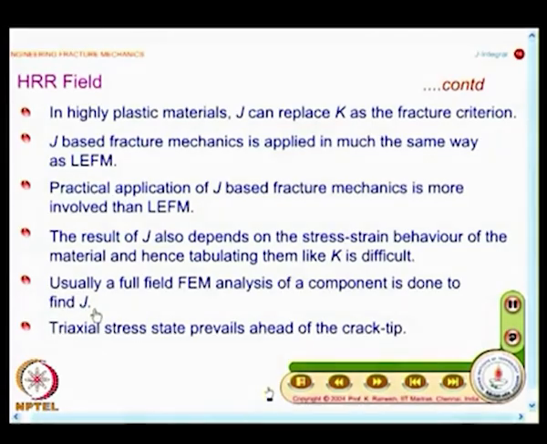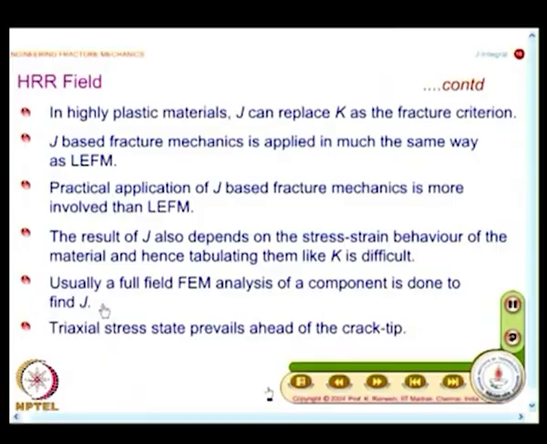Many times what you find is, to find out K, people find out J and then use the identity and get the value of K from finite element computation. This is only in the domain of linear elastic fracture mechanics. Many times people use J more as a way of finding out K rather than as the elastoplastic fracture mechanics parameter, because elastoplastic fracture analyses are costly and time consuming.